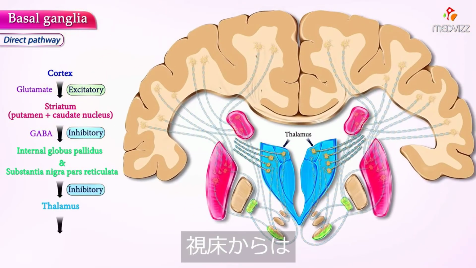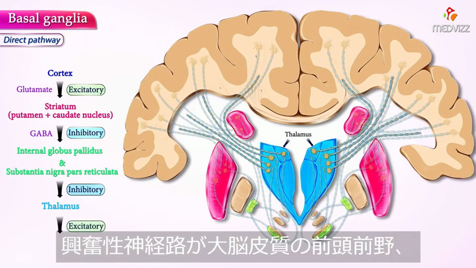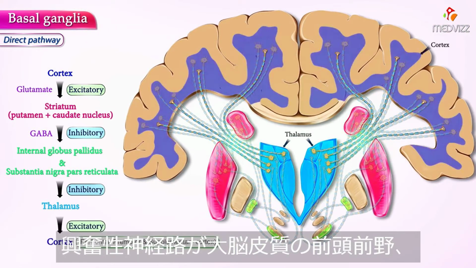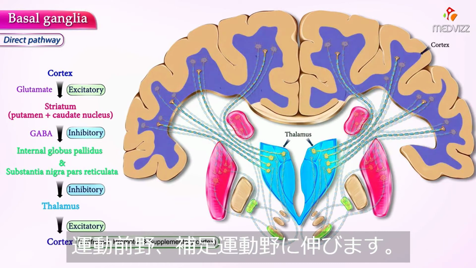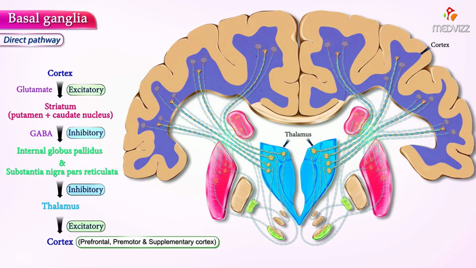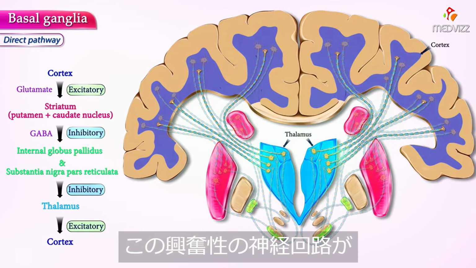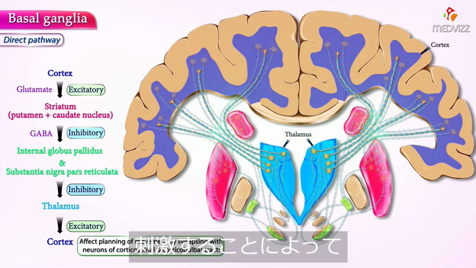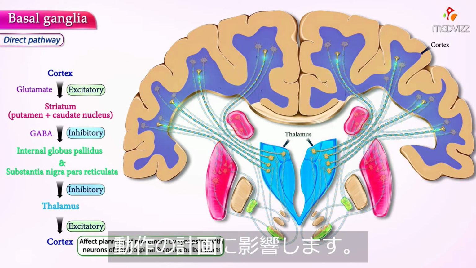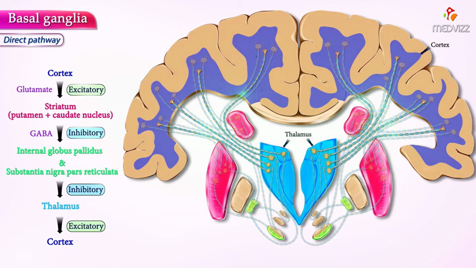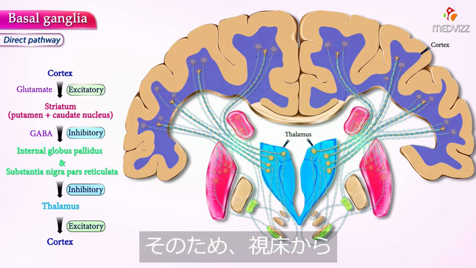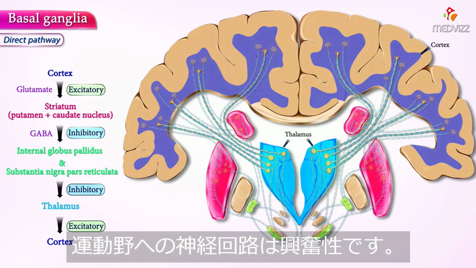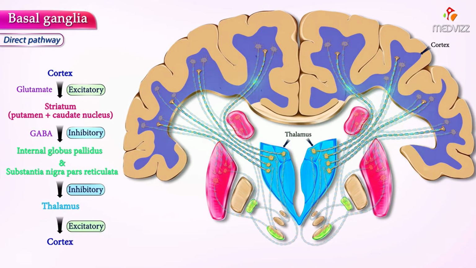From the thalamus, excitatory pathways go to the cortex, which is the prefrontal, premotor and supplementary areas of the cortex. These excitatory pathways affect the planning of the movement by synapsing with the neurons of the corticospinal and the corticobulbar tracts. Thus, the tract from the thalamus to the motor cortex is excitatory.